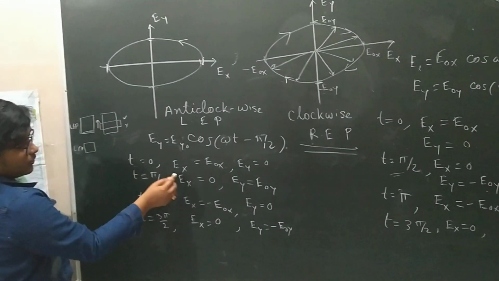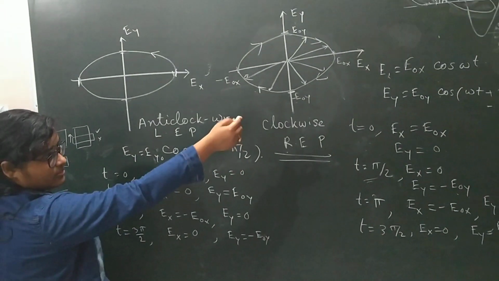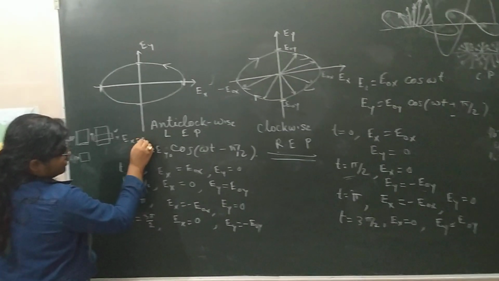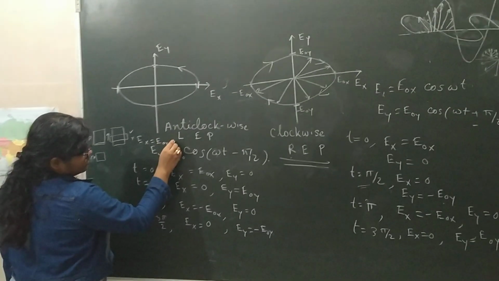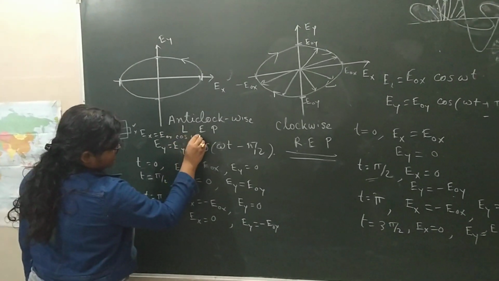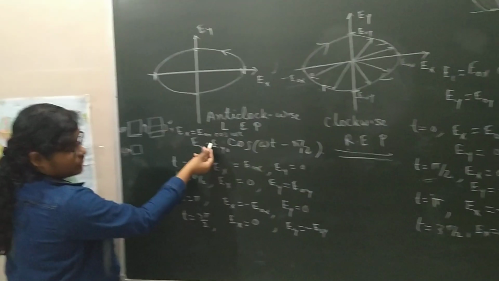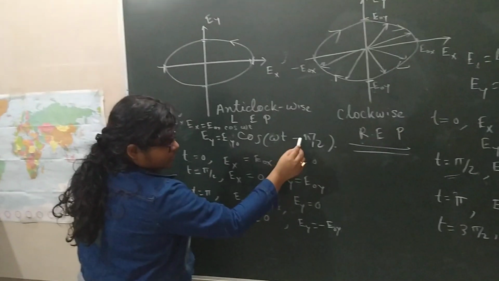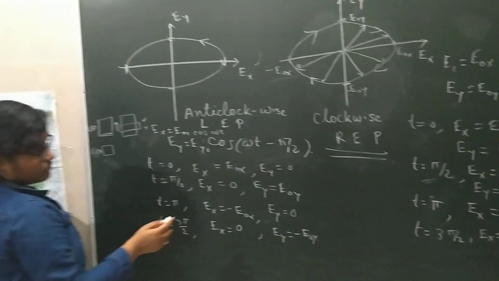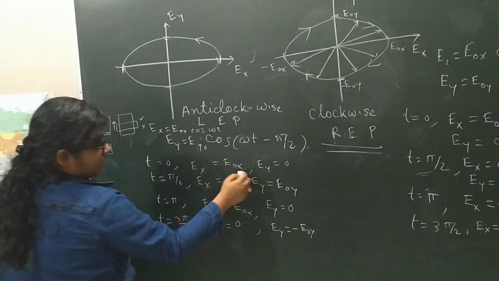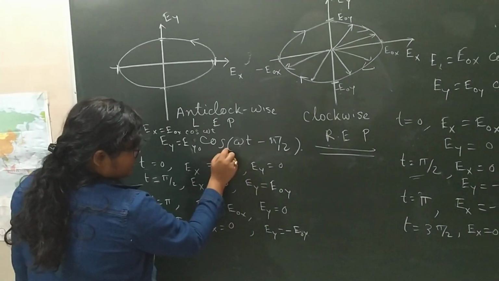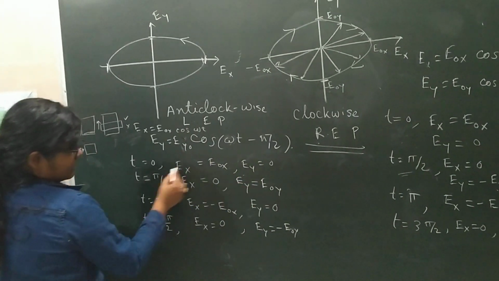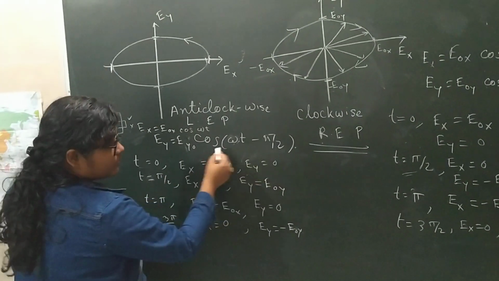At t equals 0, Ex equals E naught x, just the same way, and Ey equals cos of minus pi by 2, which is 0, at t equals 0.